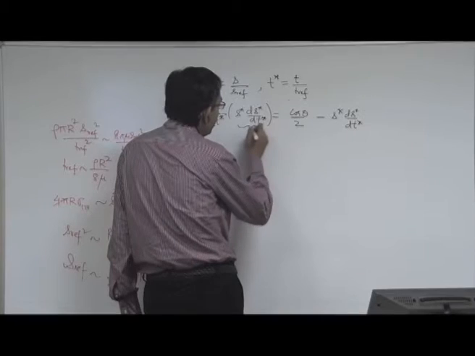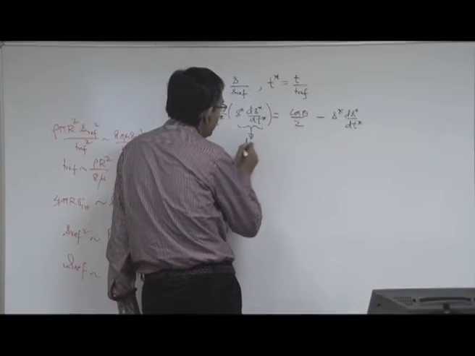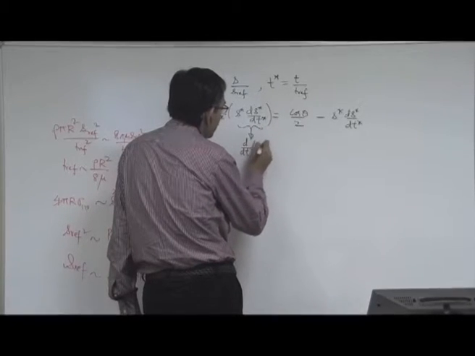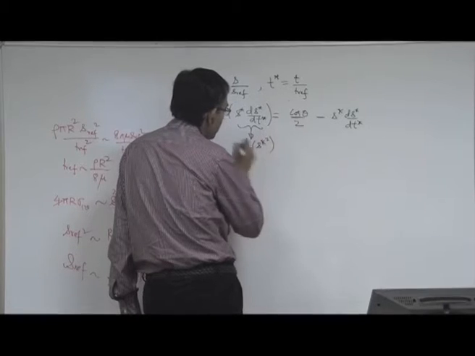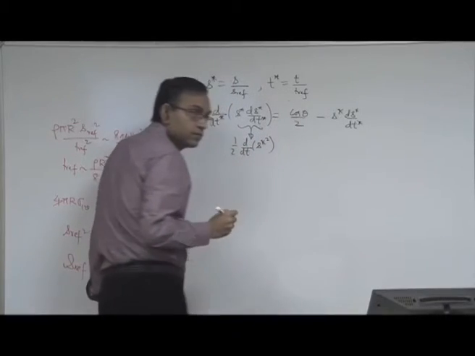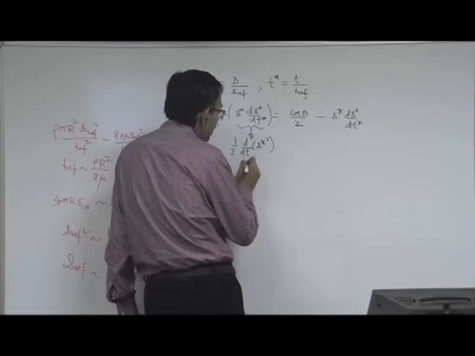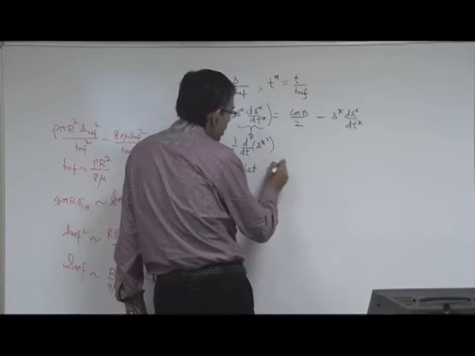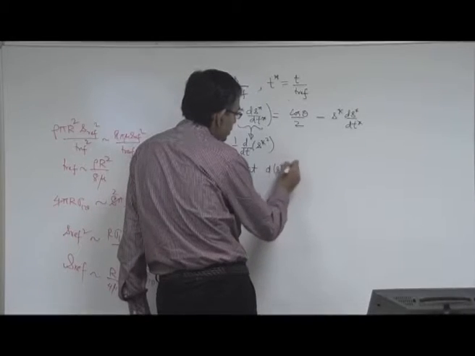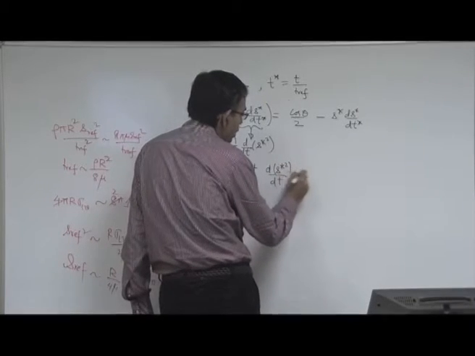Now S star dS star/dt star is d/dt of S star squared by 2, and let dS star squared/dt star be equal to y.